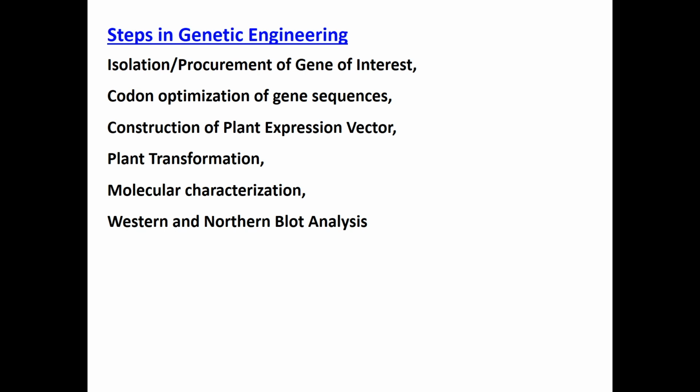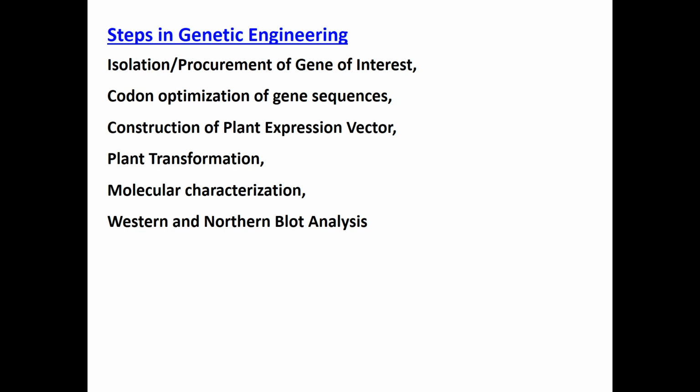This involves isolation and procurement of the gene of interest. First of all, you need to decide which gene you want to express in the plant system. You should either isolate or procure the gene of interest from a commercial firm, and then this gene needs to be optimized. Its codon needs to be optimized for better expression in the plant system.